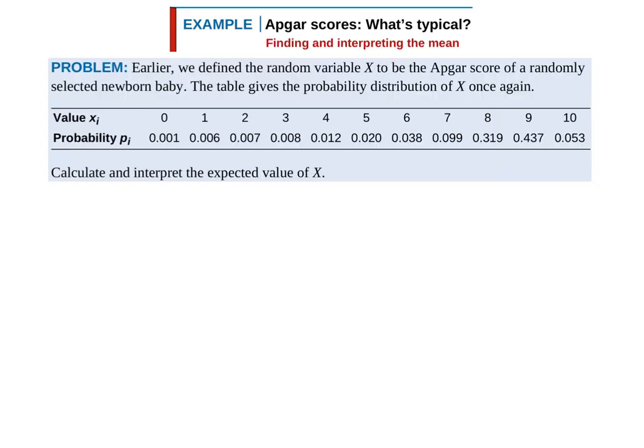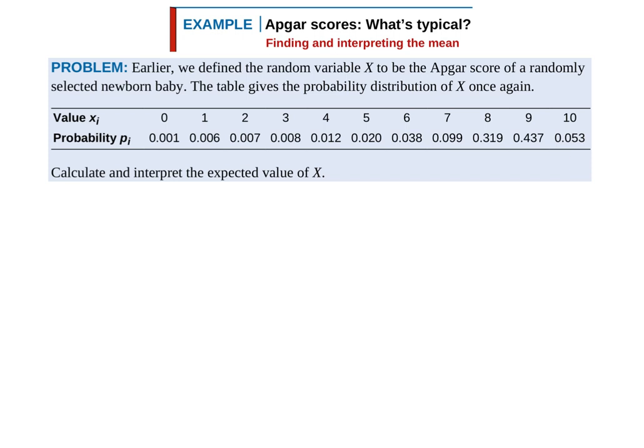So let's work through that Apgar scores distribution and find the mean. Earlier we defined the random variable x to be the Apgar score of a randomly selected newborn baby. The table gives a probability distribution of x once again. So let's calculate and interpret the expected value of x. I'm going to multiply 0 by this, 1 by this, 2 by this, etc., all the way up to 10 times this.